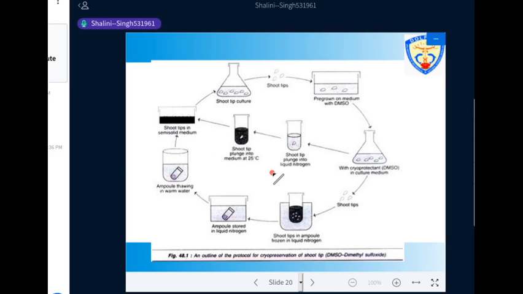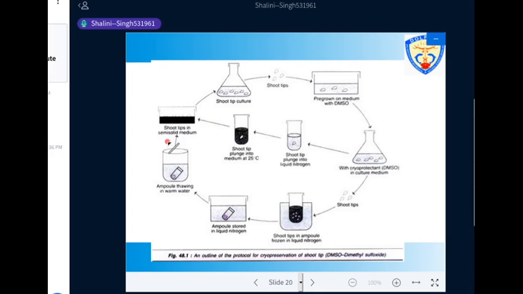So, in this picture, the shoot tip culture. These are the shoot tips which have been pre-grown on medium with DMSO. DMSO is dimethyl sulfoxide, that is a widely used cryoprotectant.